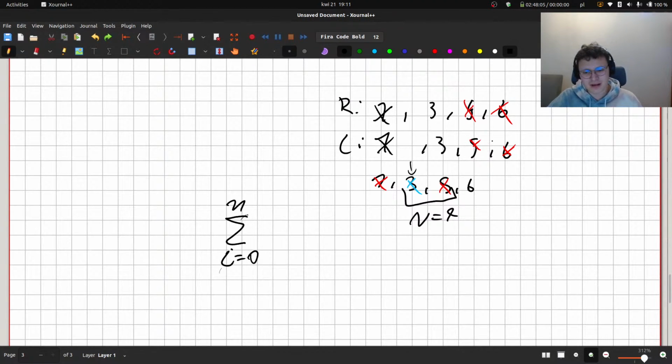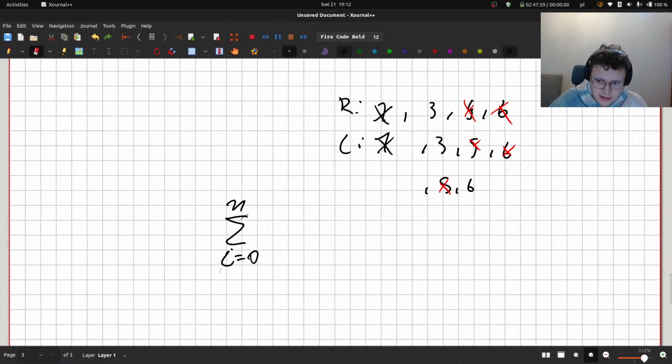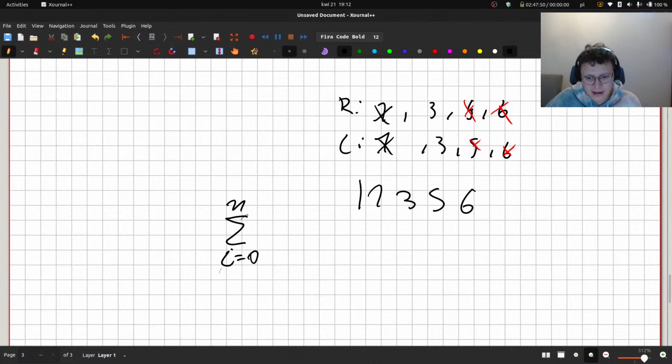Sorry. It doesn't work like this, because we also want to know in which pairs it is. So basically, we have our array 1, 3, 5, 6, and we want to divide it into some numbers that will be alone and some pairs.